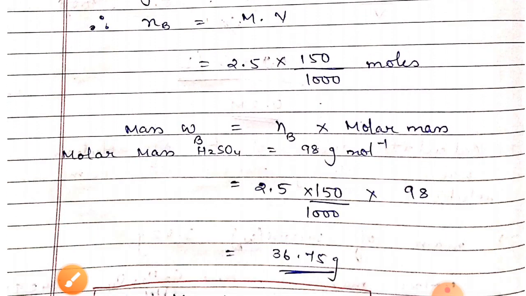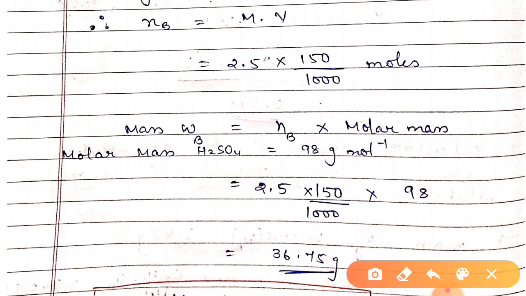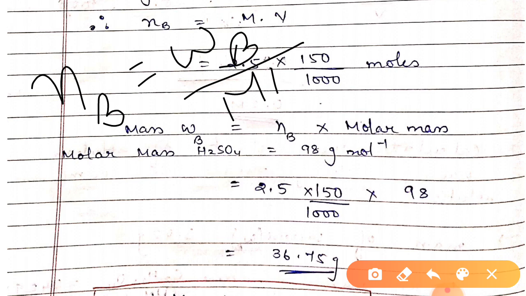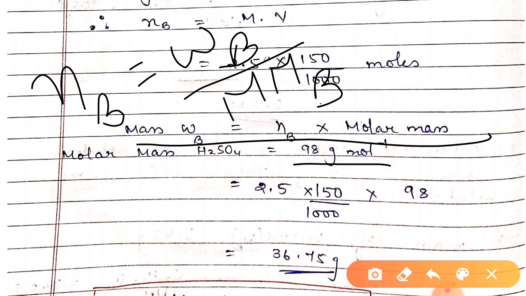Once you get the number of moles, you can get the mass. Number of moles is equal to given mass upon molar mass. So what is mass? Number of moles into molar mass. You can see over here, mass is equal to number of moles into molecular mass. Molar mass of sulfuric acid is 98.